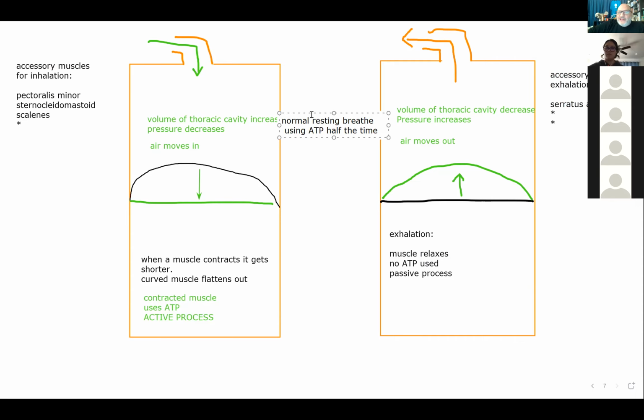And what happens to our elasticity as we age? It becomes less elastic. It decreases, absolutely. One of the things that happens as we get older is we start to lose that elasticity to the thoracic cavity and the muscles. So now for grandpa, while he's sitting there, not only does he have to use ATP to bring in his normal breath, but now he has to use ATP to contract those muscles to breathe the air out, right?